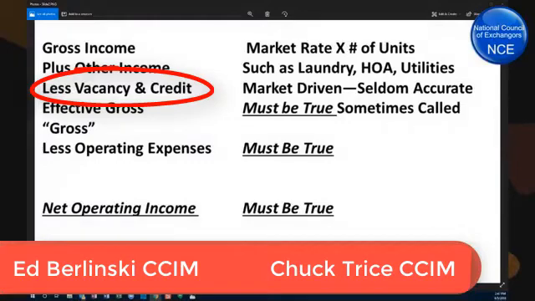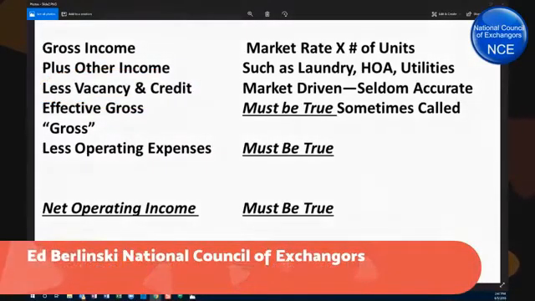Over an analysis over a 5-year period, I guarantee you that you're going to have some vacancy. You're going to have a credit loss, which means somebody didn't pay you or you got stiffed in some way. And we still come back to we're measuring this property. So what do you think about vacancy, Ed?